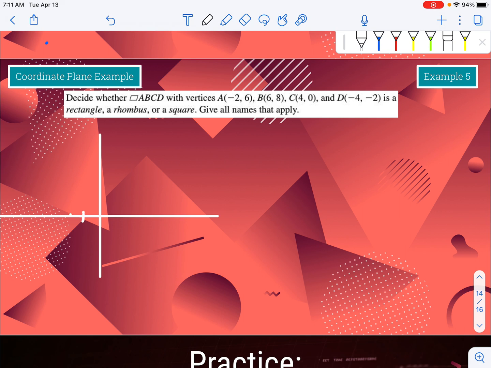So let's see, A is at -2, 6, 8... C is at 4, 0, not 0, 4. And D is at -4.